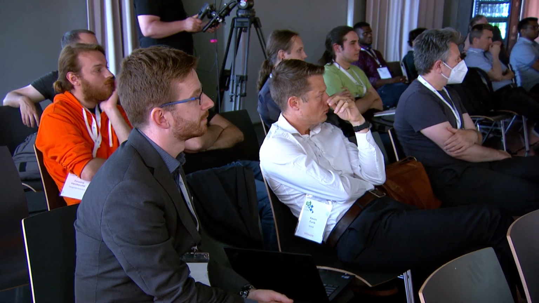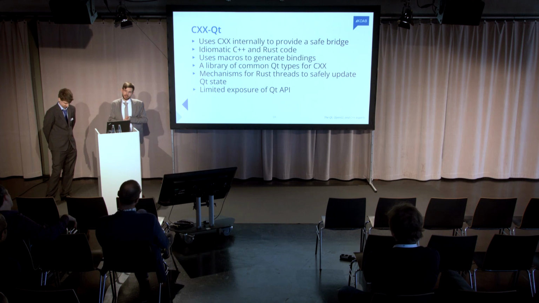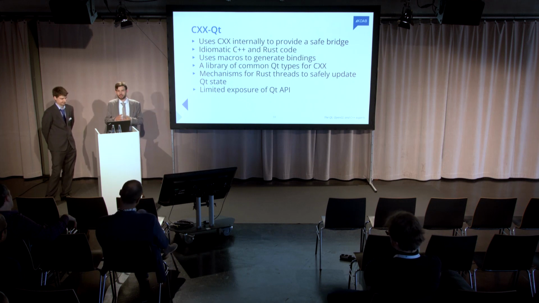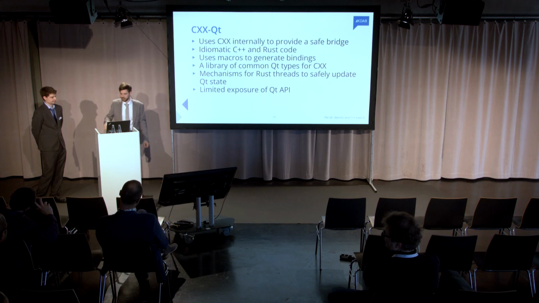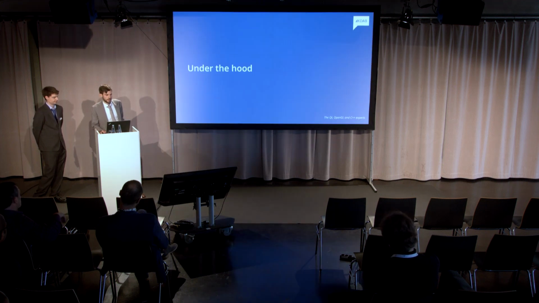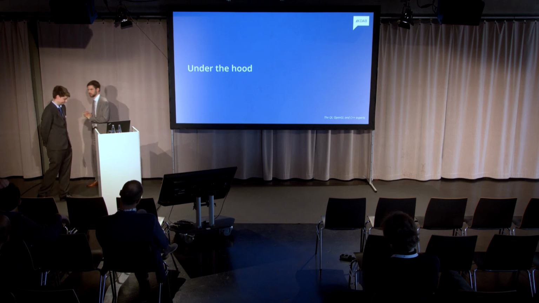However, like CXX, we are more opinionated. We will not let you shoot your own foot, if you will. But that also means we can't give you all of Qt, but we can let you extend Qt in a way that might be helpful to you, especially if you have an existing large application. And Andrew, as our main architect, is going to take you under the hood and show you all the cool details.